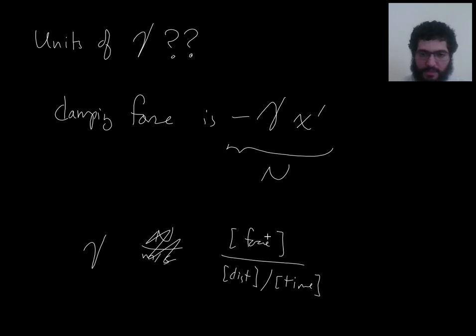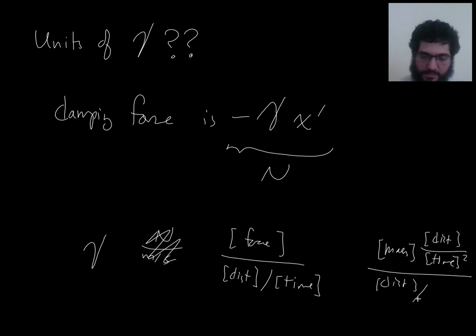So filling in what are the units of force. Force is like mass, distance, time squared, right? And then I'm dividing by distance per time. So a bunch of cancellations.